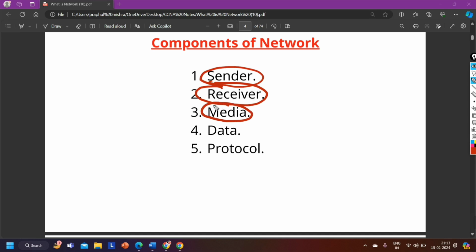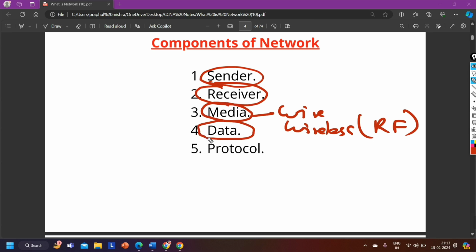Then there should be a media between sender and receiver, which will carry the data. And media can be wire or it can be wireless. In wireless, it can be radio frequency, RF. So in components of network, we have first device, that is sender, second device, that is receiver, third thing is media. Media who is going to carry the information between source and destination.